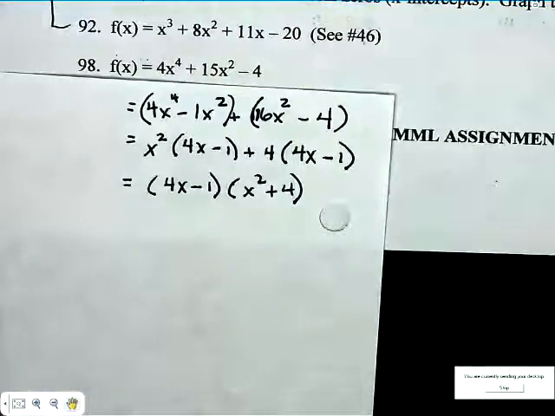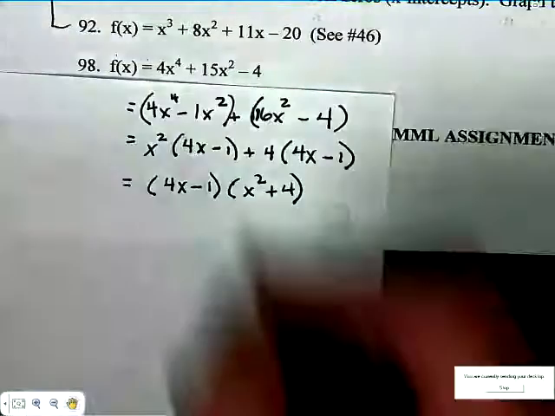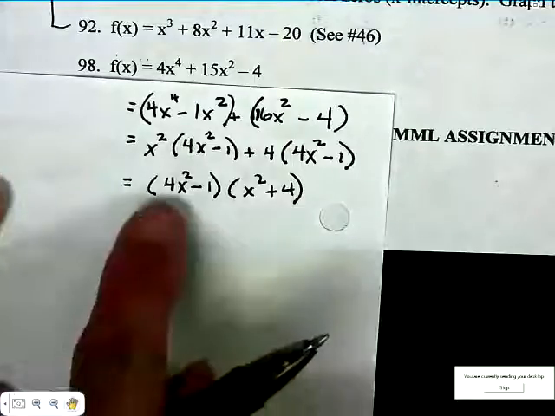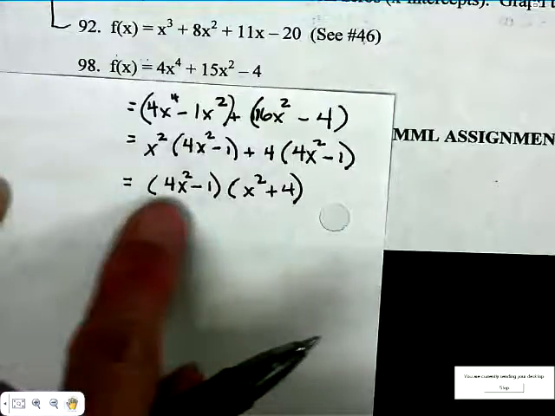Anytime you factor, you got a whole lot riding on this problem, so check your factoring. Ooh, I see something that's wrong with my factoring. I'm glad I said check my factoring. What's wrong with it? I didn't put the squares here and here and here. So I'm very glad I checked that. Also, since that's 4x squared minus 1, it'll factor further.